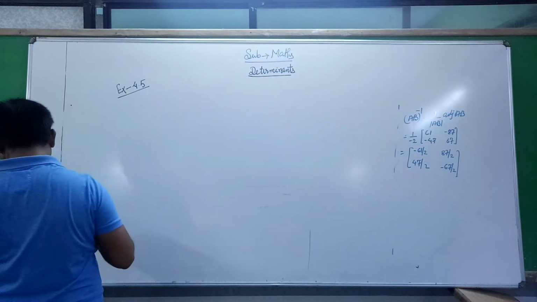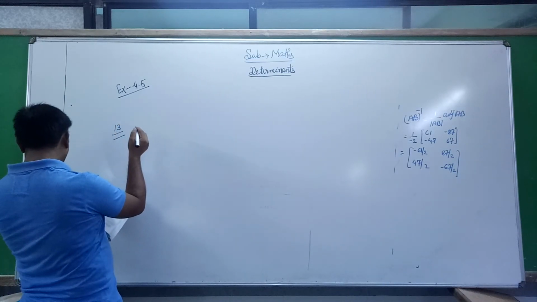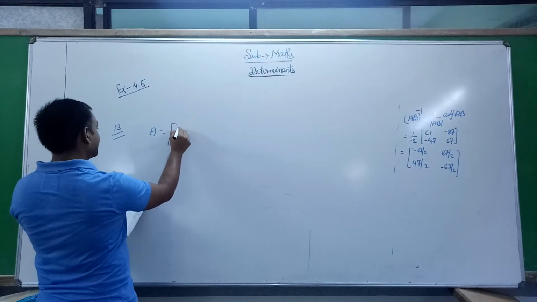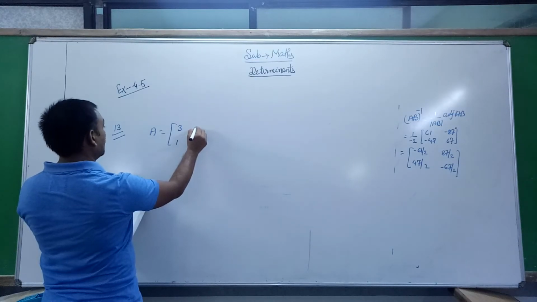Here the question is, question number 30. A is equal to the matrix 3, 1, 1, 2.